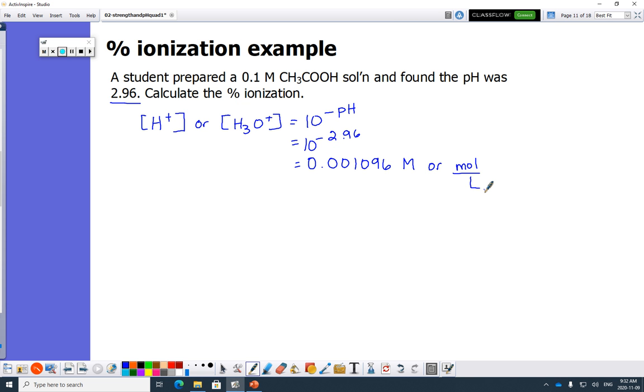So now we have the ion concentration, we have the acid concentration. If you don't like referring to acids like this, I write it like this because A is for acid, which is going to be a hydrogen donor. You can write acid concentration.